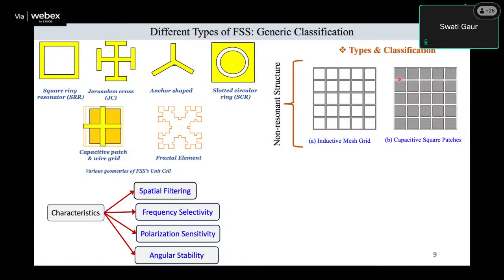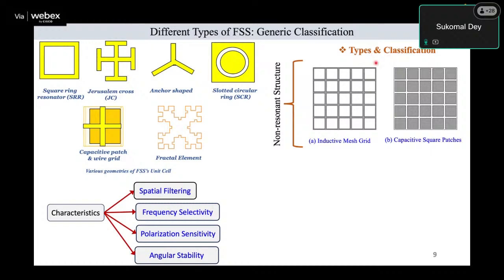First of all, you want to increase the gain, so you want to make your FSS either a transmittive FSS or a reflective FSS, right? If you consider it as a transmittive FSS, then what you have to do is, see, here is the unit cell.